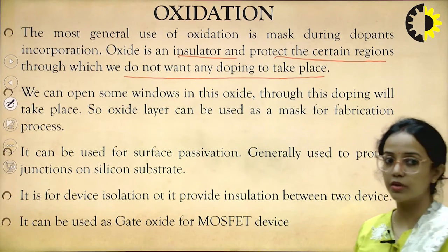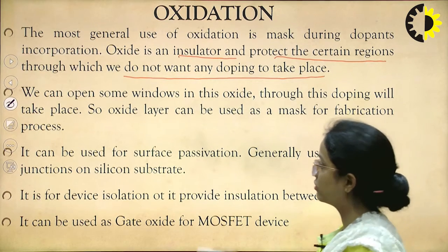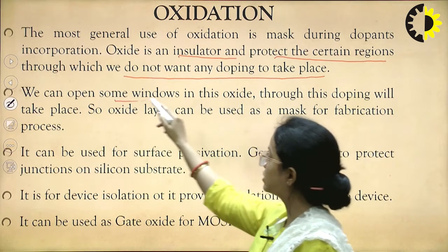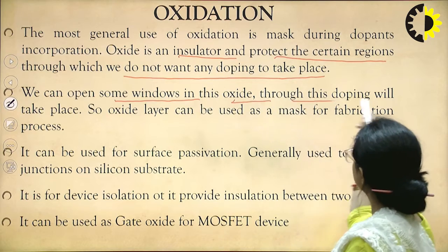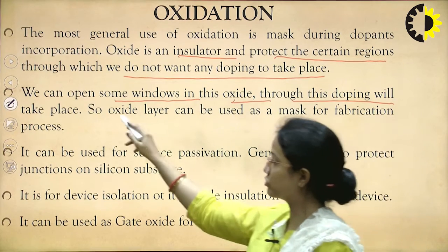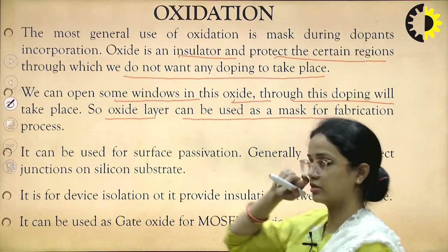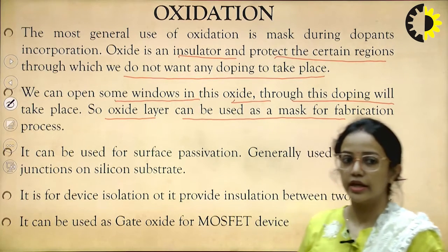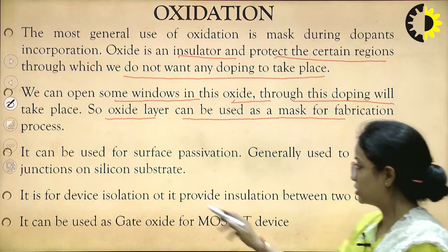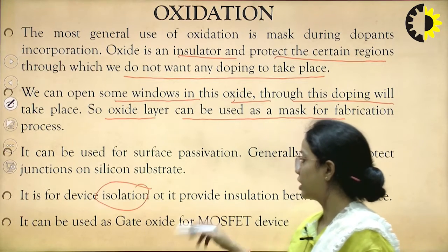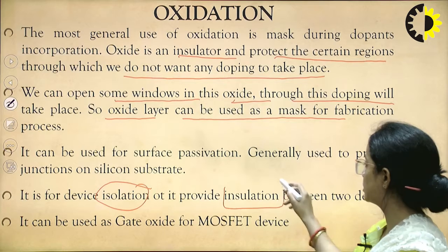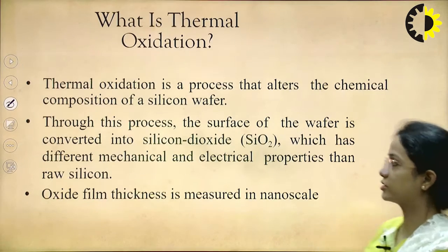For this purpose, we can open some windows in this oxide. Through those places doping will take place, and so the oxide layer can be used as a mask. Also, it is for the device isolation, as it provides insulation between the two devices.